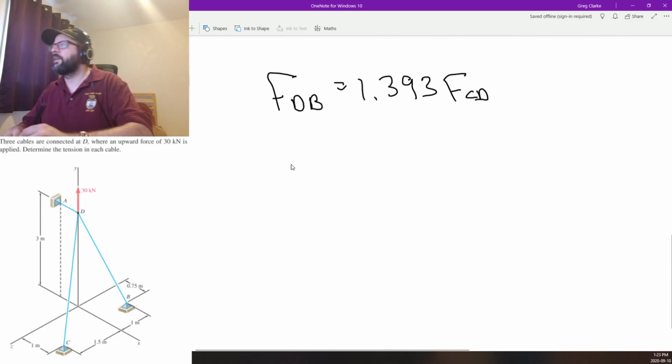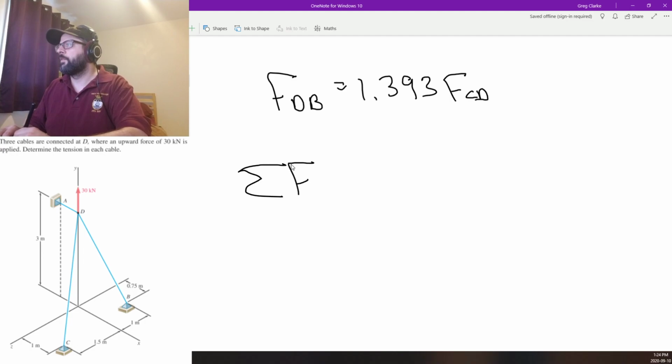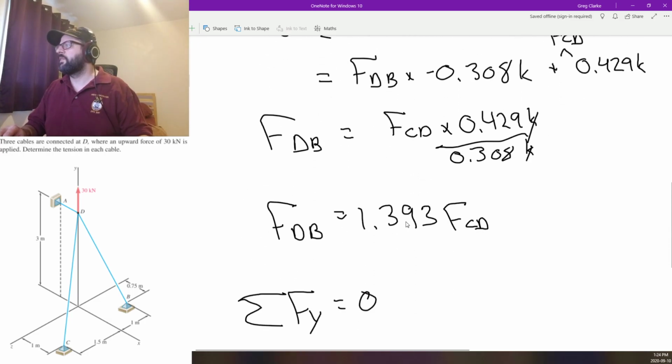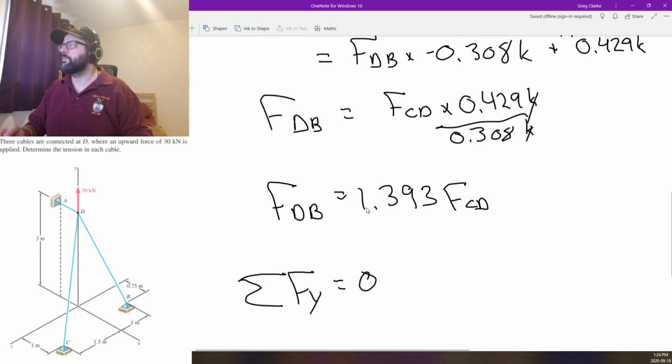So by taking the sum of the forces in the y direction, equating that to 0, we can solve for these two forces.